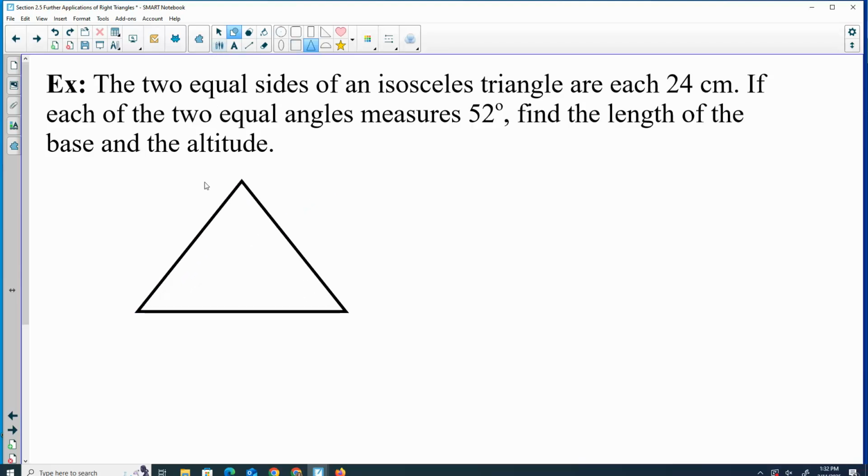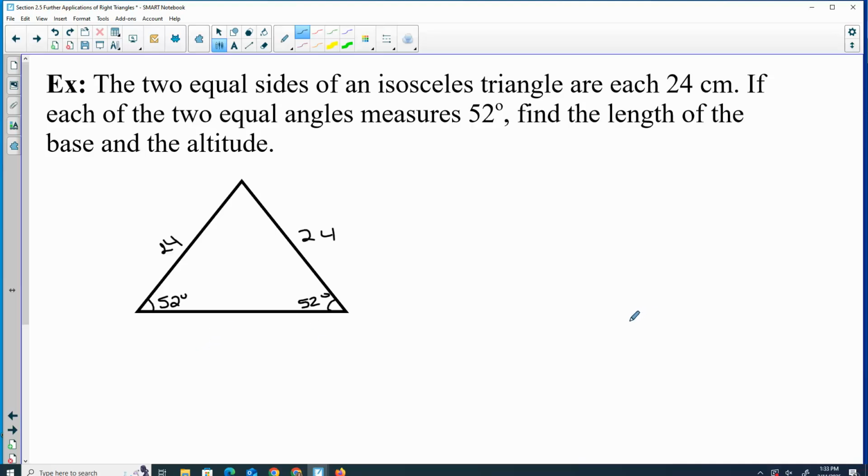And we know both of those are 24 centimeters. Each of the two angles measures 52 degrees. So the two equal angles would be our base angles. Okay, the base is the bottom.